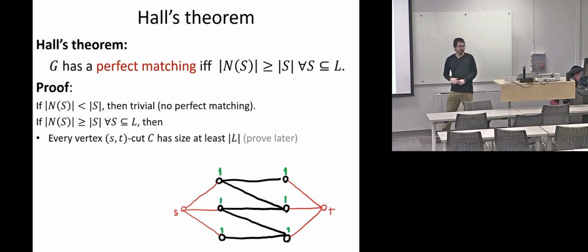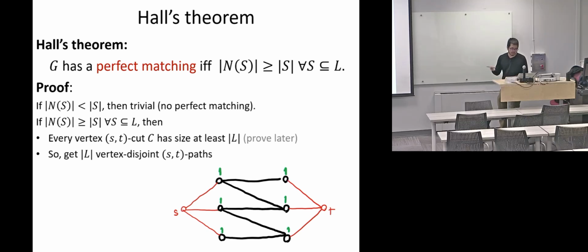But if that's the case, then we know that there must exist L vertex-disjoint paths in this graph. And L vertex-disjoint paths correspond to a perfect matching. So now I just need to prove why this is the case.